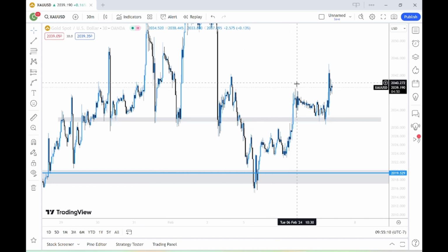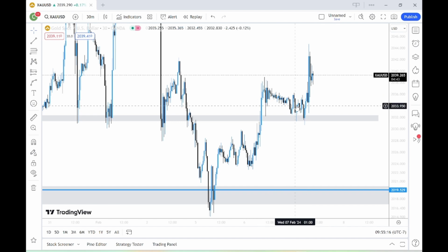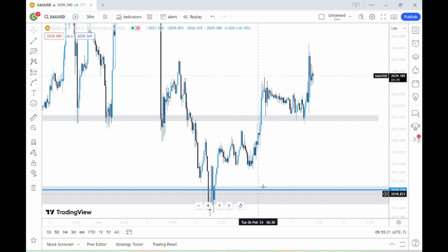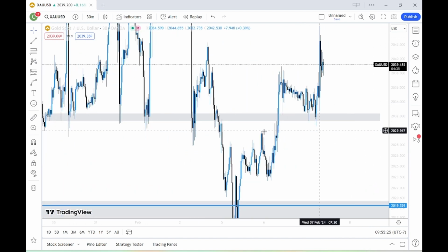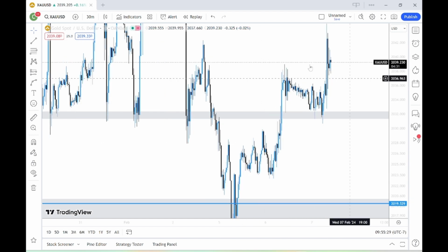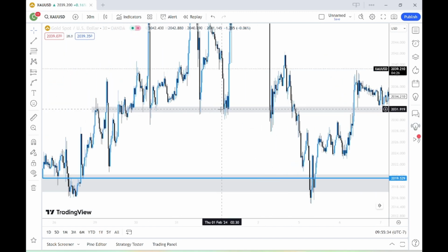And then when we break back up, again we come back down. What I like about this is part of the reason I took this entry. We'll get down to this zone in a minute because that's part of the key for this trade. One of the things that made this a really attractive trade opportunity is that this is very obviously a key level.